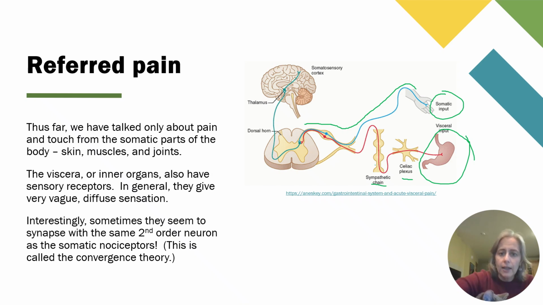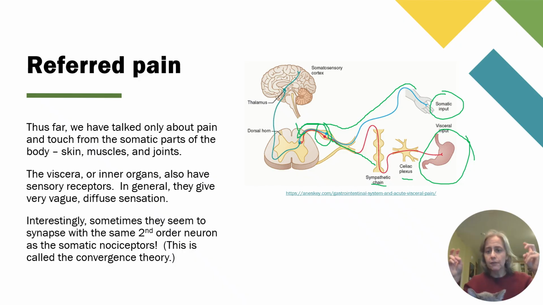But look, it comes in and it also has its cell body in the dorsal root ganglion. And then it also comes in to the dorsal horn. In fact, it might even synapse on that same second order neuron in the dorsal horn that then is going to decussate and send up through the lateral spinothalamic tract as the somatic one.